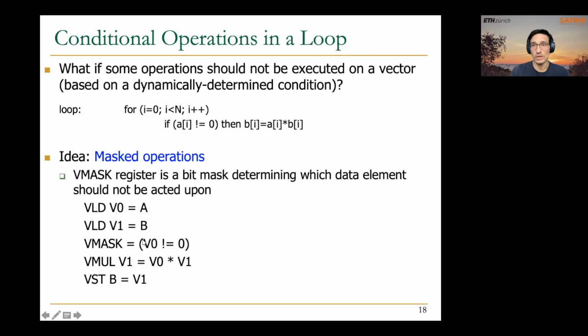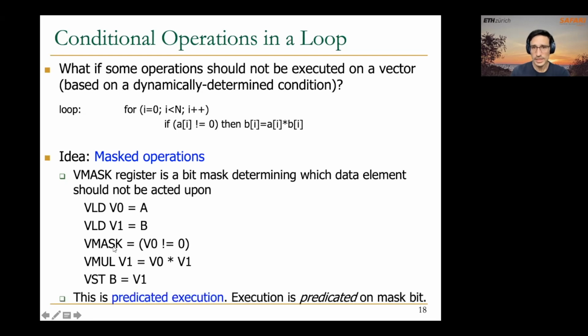Based on that, we create a bit mask. And using this bit mask that is stored here in this vector mask, we would execute the next two instructions conditioned or predicated by the values of the bits. This is what we call predicated execution, because the execution of these two, vector mul and vector store, is predicated on the mask bit.